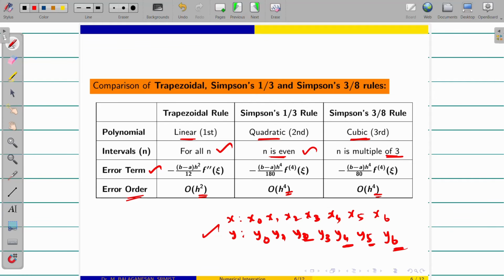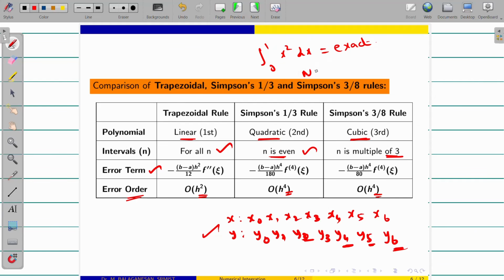Now we can ask why I have to study all the rules. What are the advantages or disadvantages? As I told you already, suppose you're solving any integration, for example, 0 to 1 x square dx. We know how to solve directly. If you're solving analytically, we can get the exact answer.